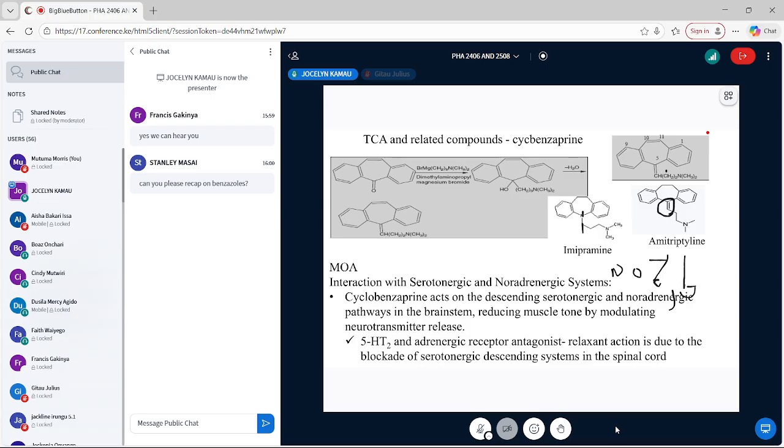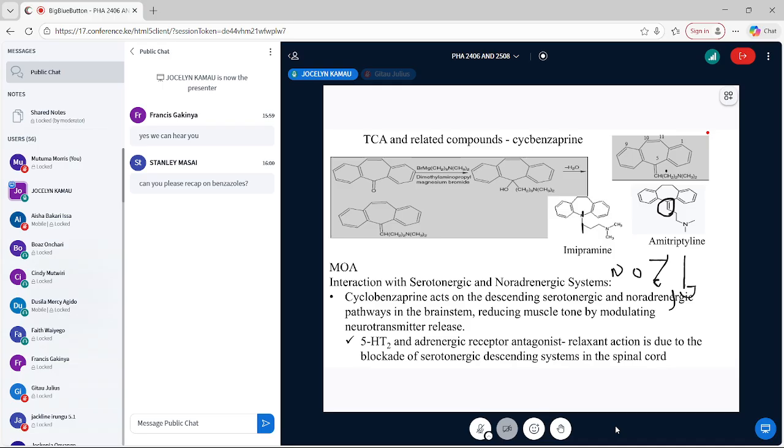And then now we can finish off. We can talk about the key structural features, the tricyclic core. Cyclobenzaprine has a cycloheptene, which differentiates it from a cycloheptane ring.